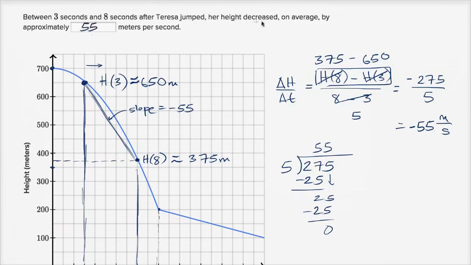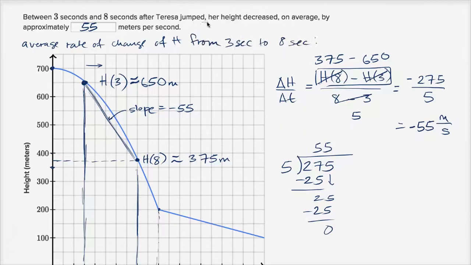If they asked for the average rate of change of h from 3 seconds to 8 seconds, well, now this would be negative 55 meters per second.